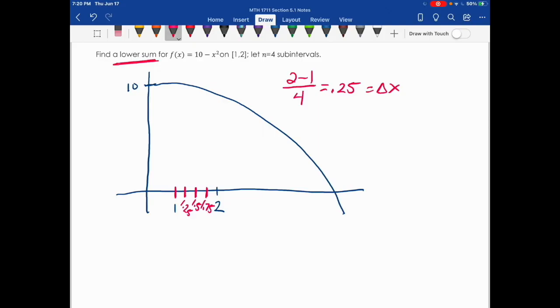Now, the question is specifically asking for a lower sum, which means we want the rectangles to fall under the curve and not go over the curve. So we want to make sure that we're doing an underestimation. If I am going to do that with this curve, I need to do a right endpoint rectangle.